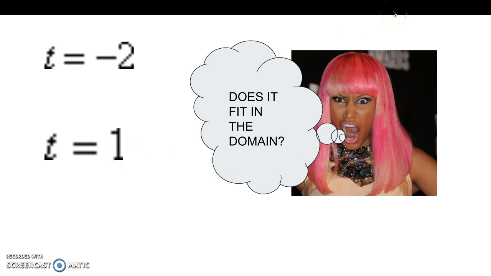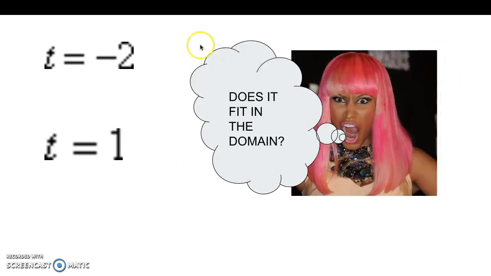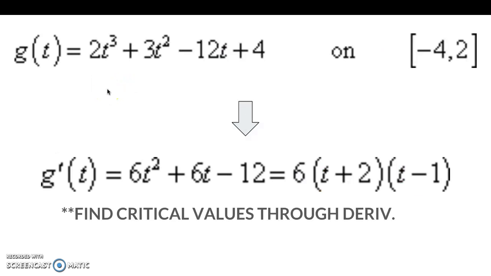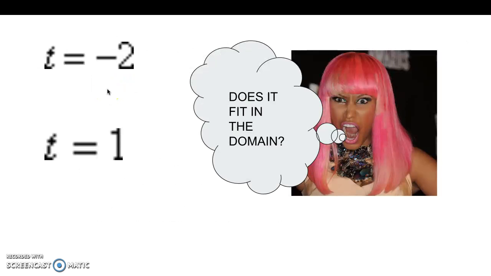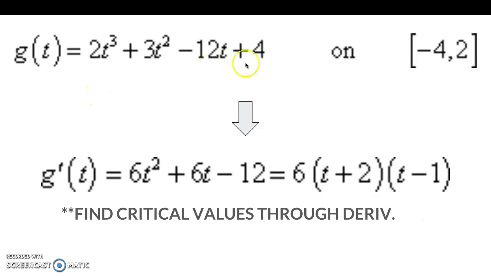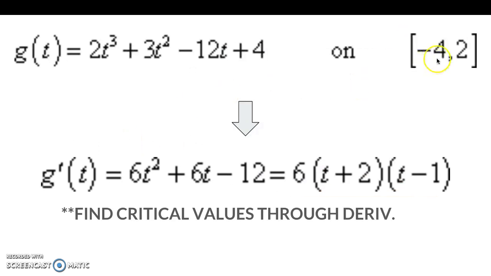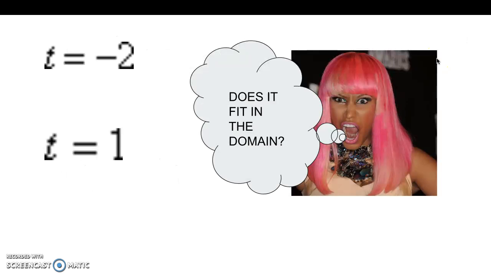Now, Nikki's asking here, does it fit in the domain? Well, let's check. The domain is -4 to 2. The critical values that you got were -2 and 1, so yes, it does fit in the domain, so good job, Nikki. So let's evaluate. Remember, our domain was -4 to 2, so our endpoints were x equals -4 and x equals 2.